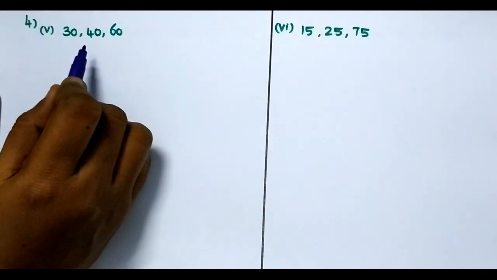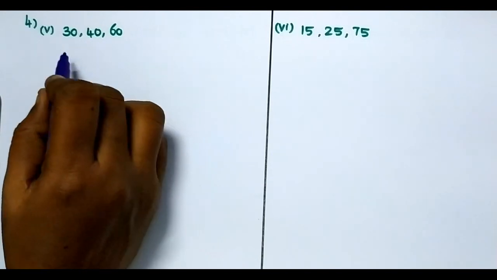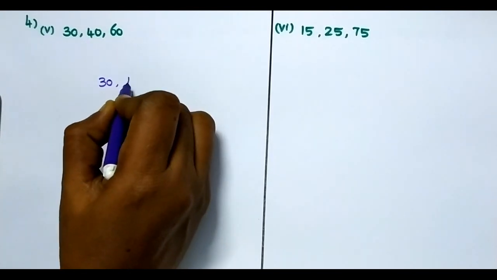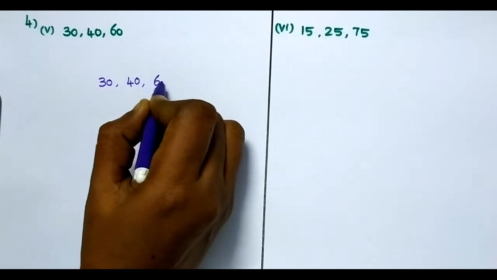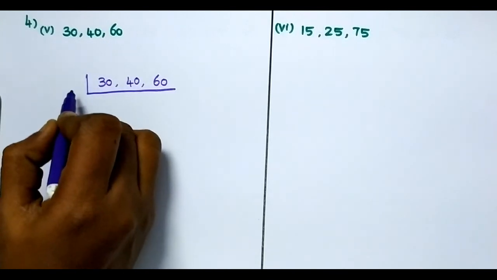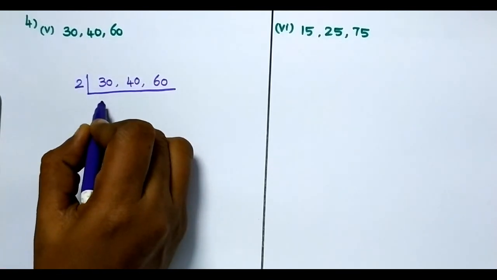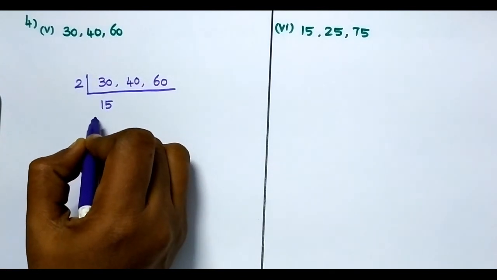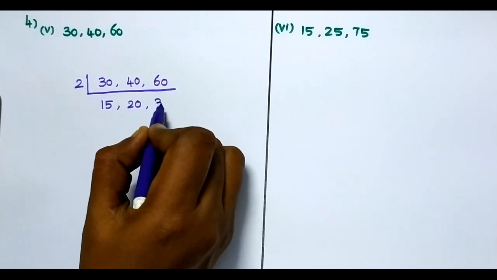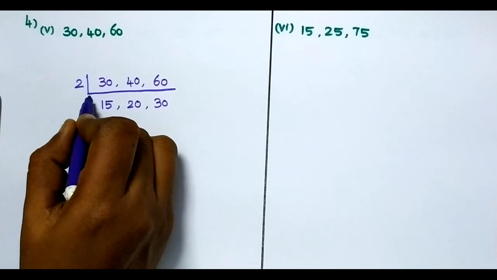Fourth sum, fifth subdivision. Here we are going to see three numbers 30, 40, 60. Divided by 2. 15 2s are 30. 20 2s are 40. 30 2s are 60.